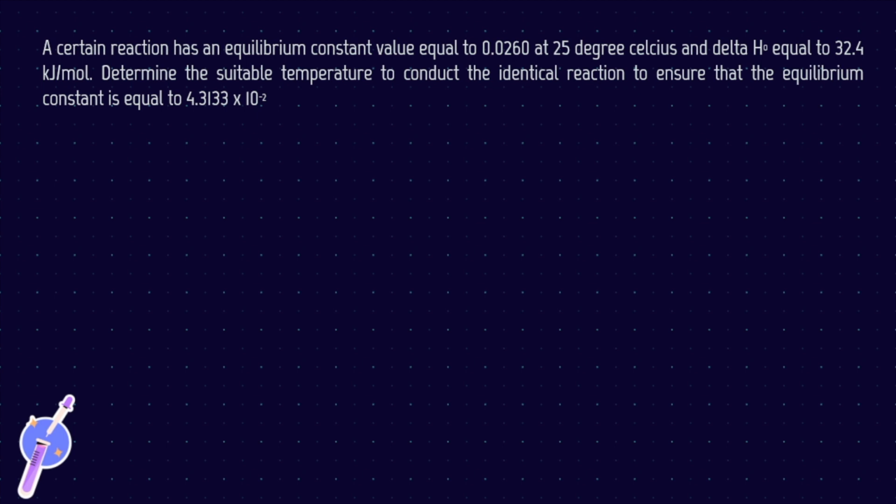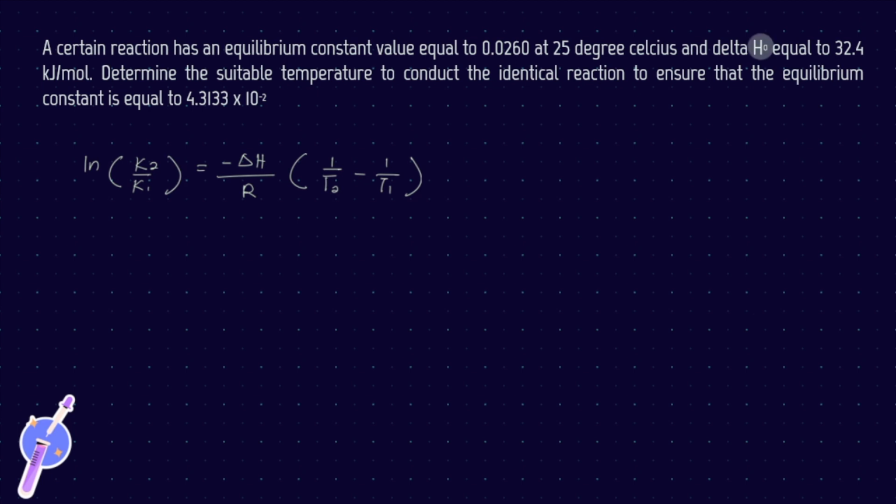We can use the formula of ln K2 over K1 is equivalent to negative delta H divided by R, which is the gas constant, times 1 over T2 minus 1 over T1. Right now, we are going to look at the information given to you in the question.